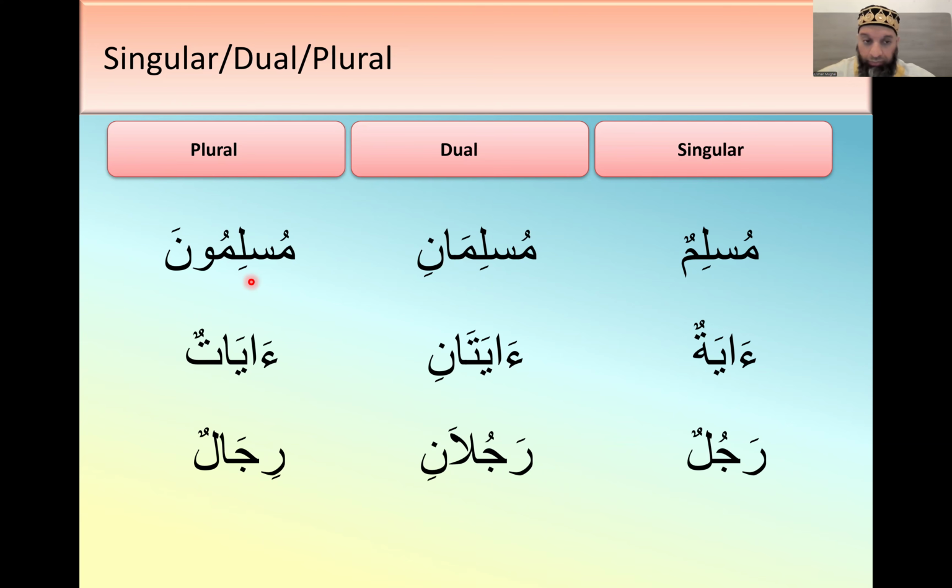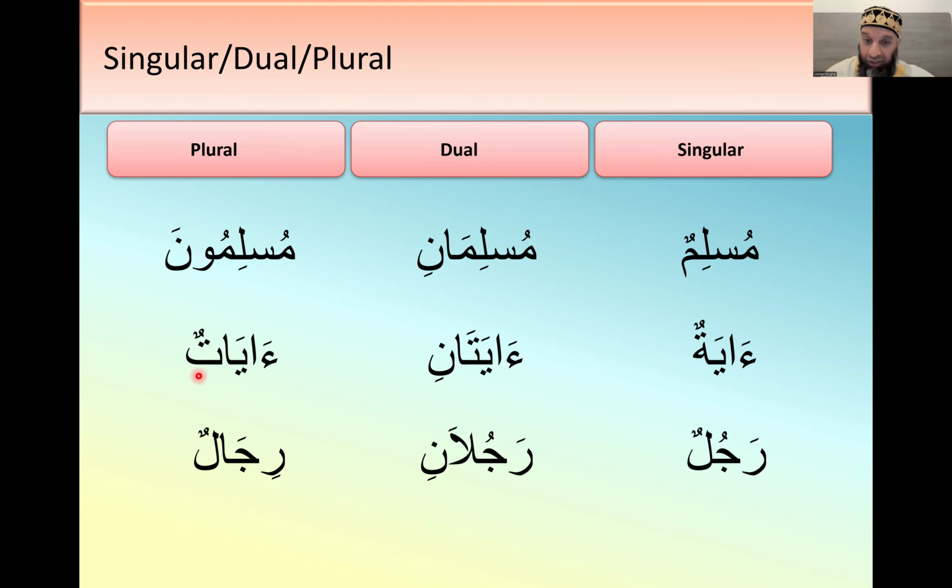So another example, ayatun, a sign. 2 signs is ayatani. That means 2. And ayatun is 3 or more. And lastly, another example. This is just to show you so you understand.